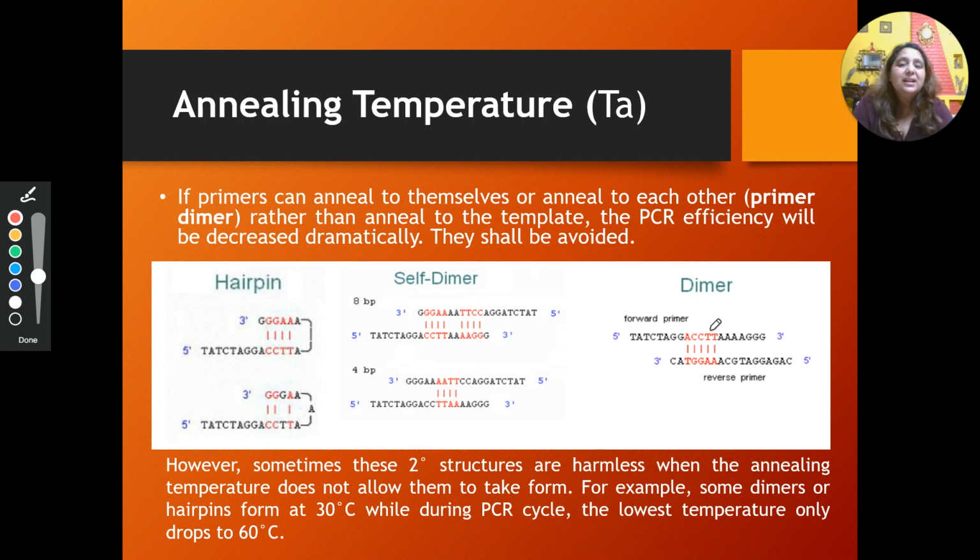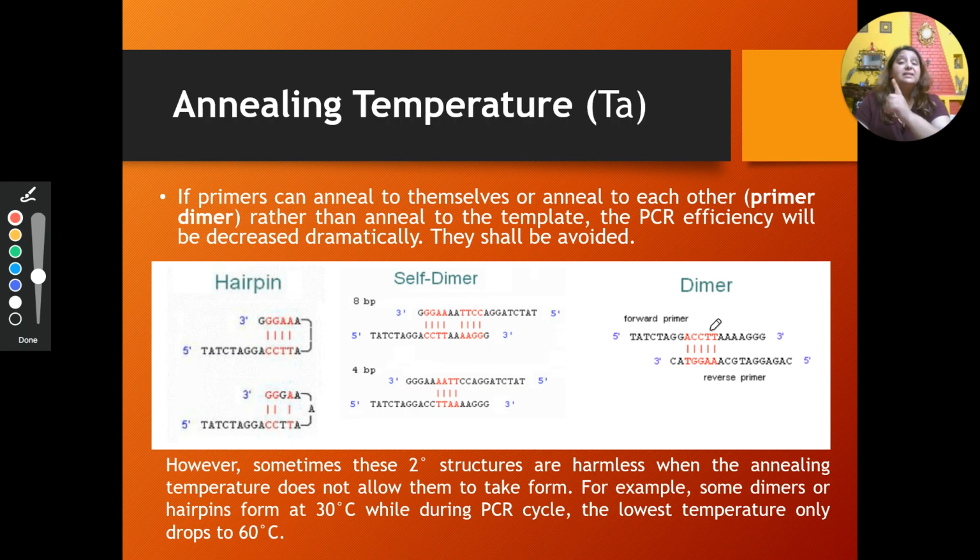And as a result, if these type of secondary structures are formed at 30 degrees but are not forming at 40 degrees or 50 degrees, then we are on a safer side, because even if they are being formed at lower temperature, they get broken up during the PCR reaction.